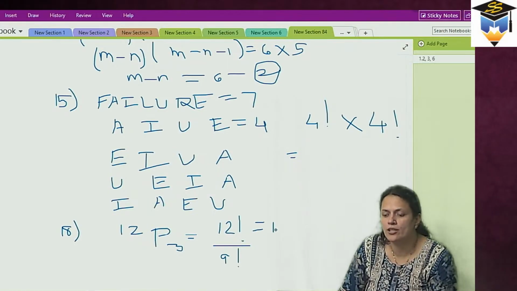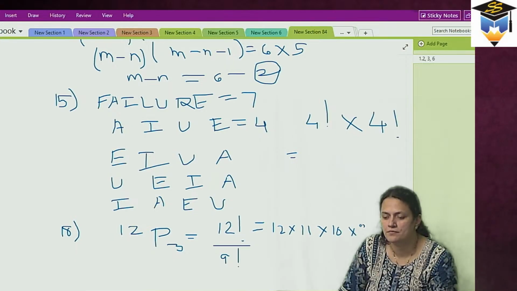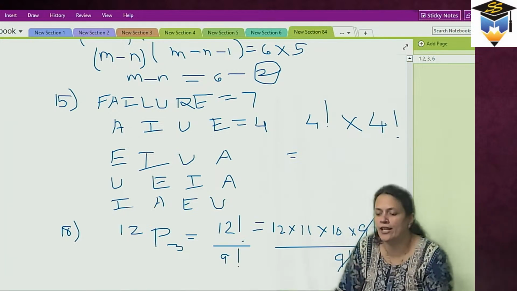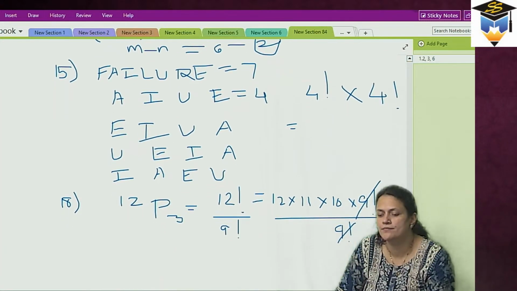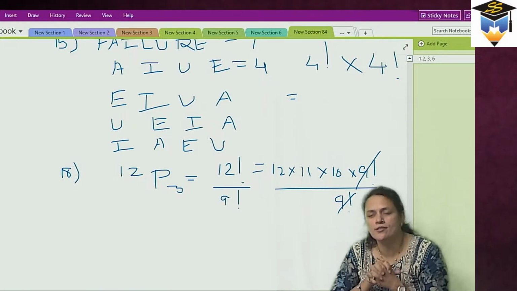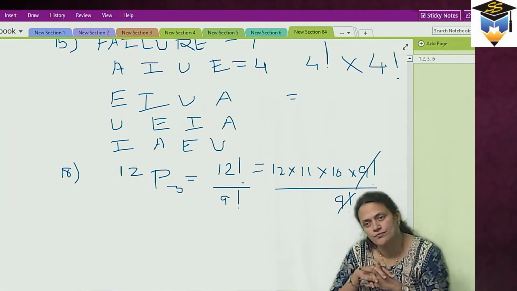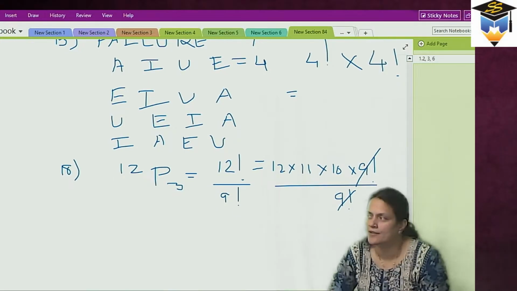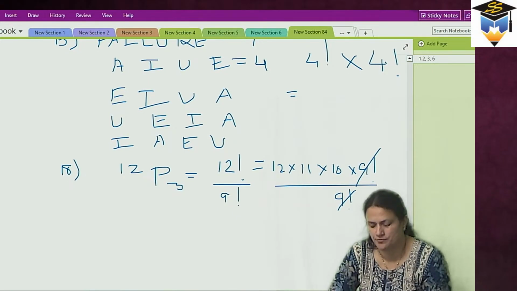So this will be solved as 12 into 11 into 10. What is your answer? 12 11s are 132. 132 into 10 is 1320. Please write it down if you don't understand.